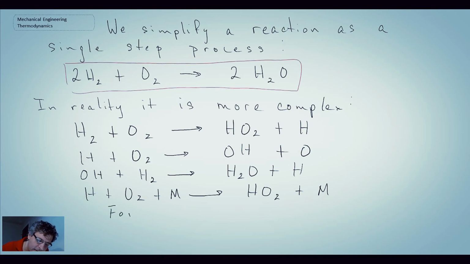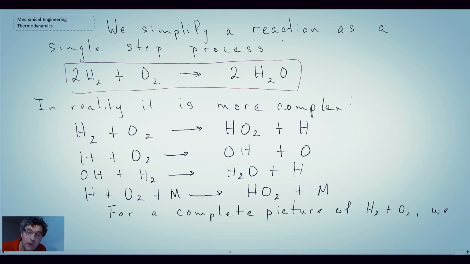And in actual fact, for a complete picture of what's going on here of the oxidation reaction of hydrogen, we would require 20 or more separate reactions. So you can see it does start to get complex, and that gets into the chemical kinetics side.